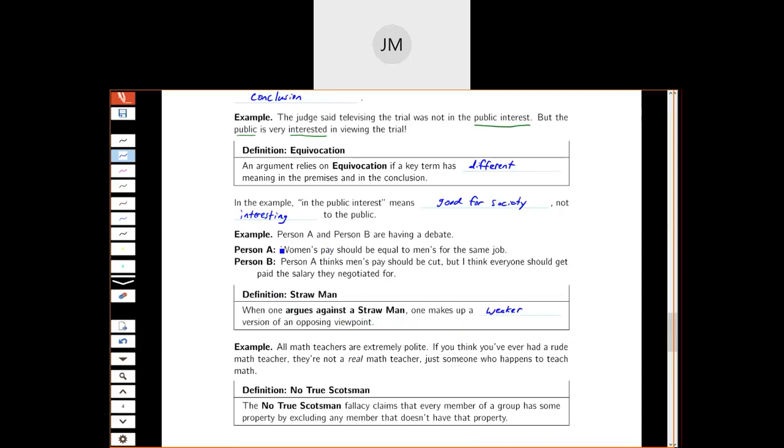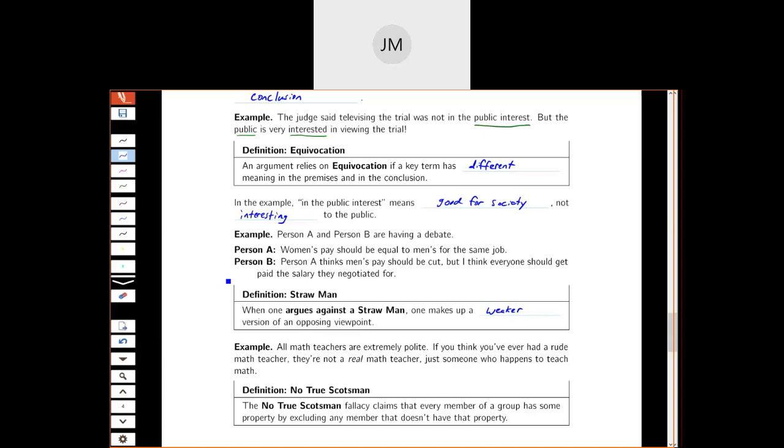For example, person A said women's pay should be equal to men's pay, but they didn't say that men should get a pay cut. Person B invented that pay cut as being part of person A's argument because that makes it easier for them to argue against. This is a really common thing, especially in politics, where you're talking about what another group wants.